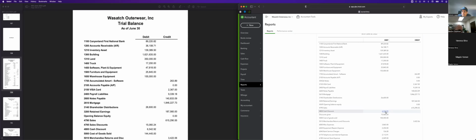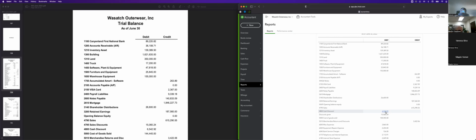It's a weird one because when I do my trial balance and my balance sheet, originally, every time I do this, my Canyonlands National Bank, I am over by $2.05.